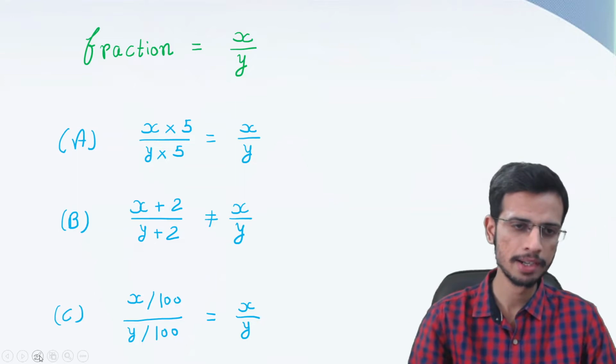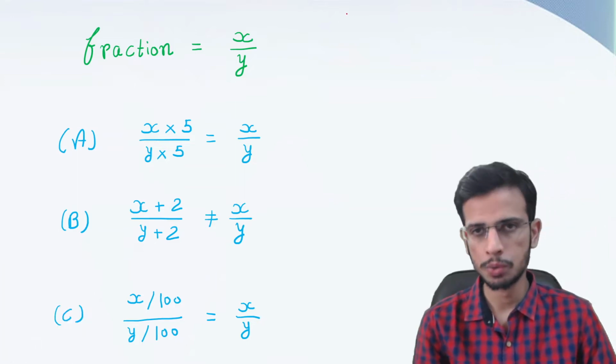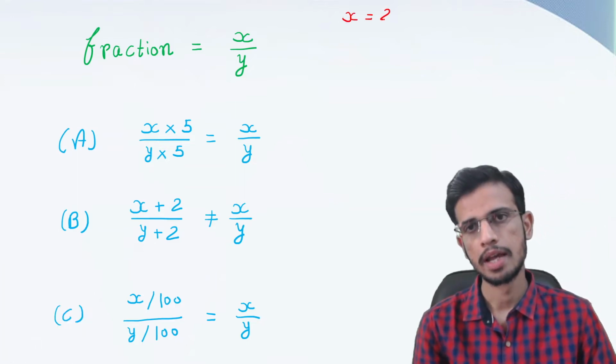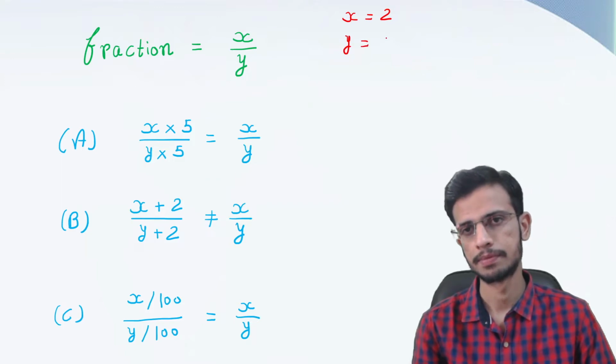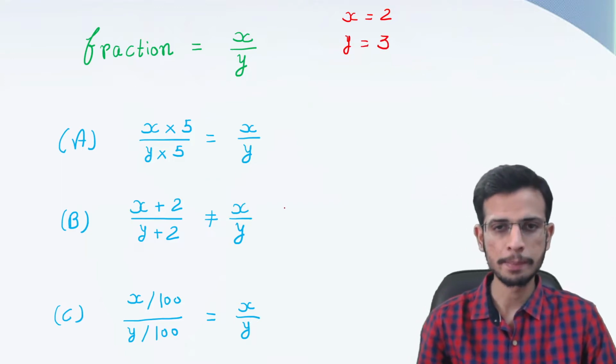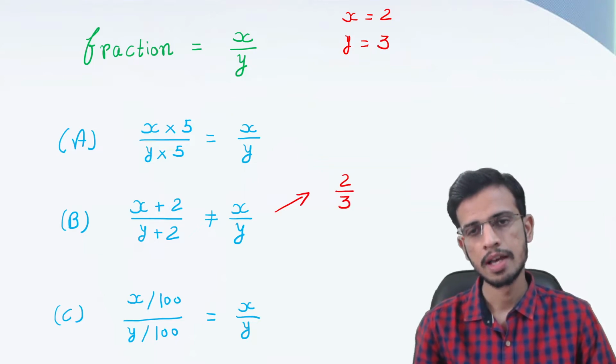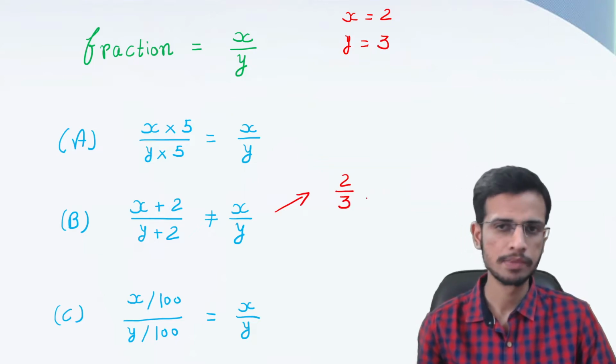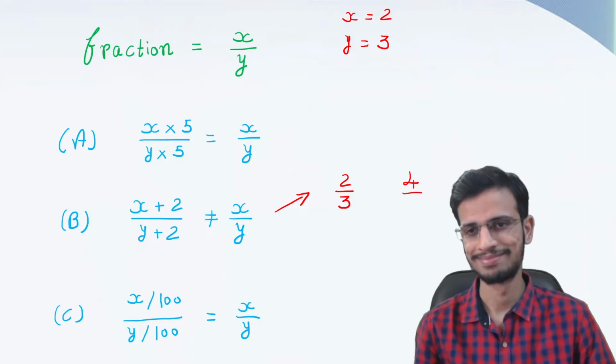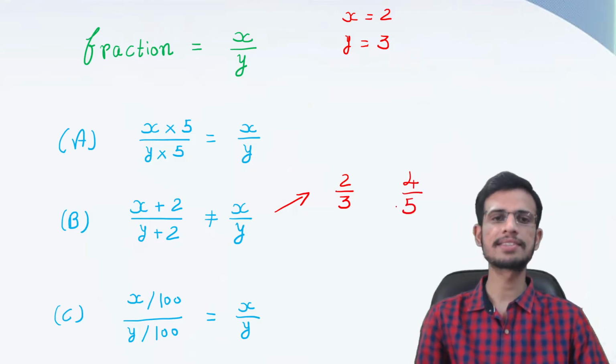You can take an example, x equal to 2 and y equal to 3. So in option B, the original fraction will become 2 by 3 and the new fraction will become 4 by 5. For a few cases it will be equal.